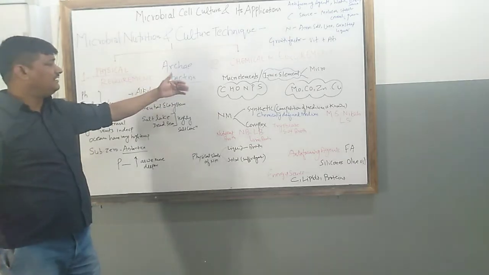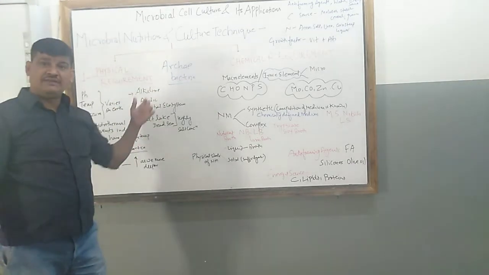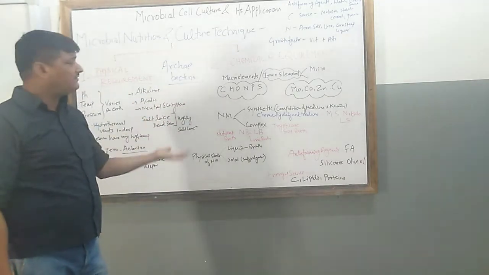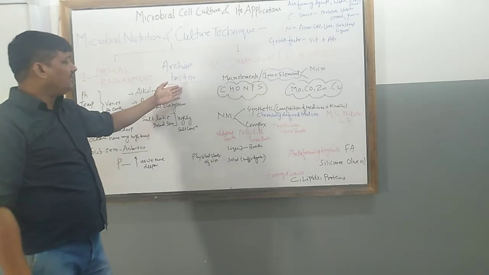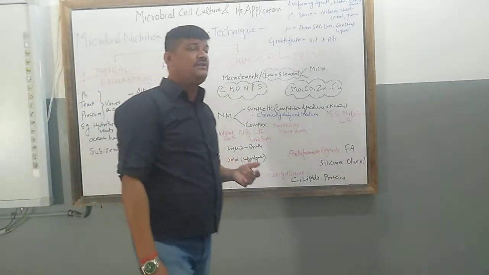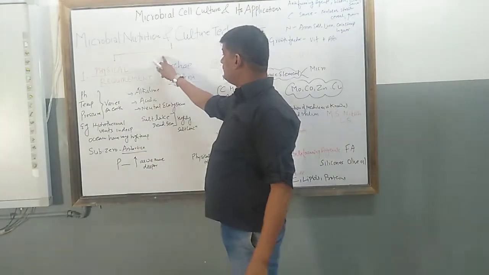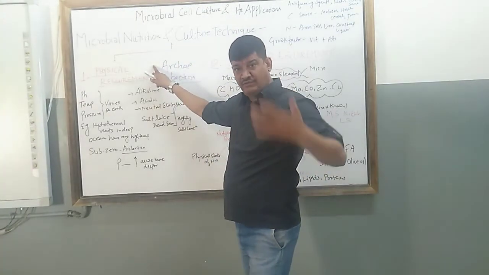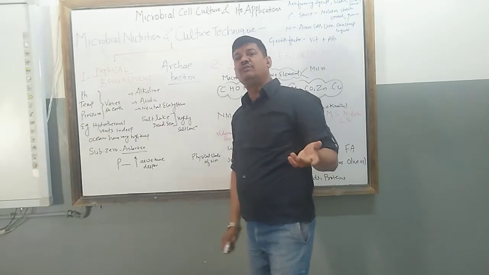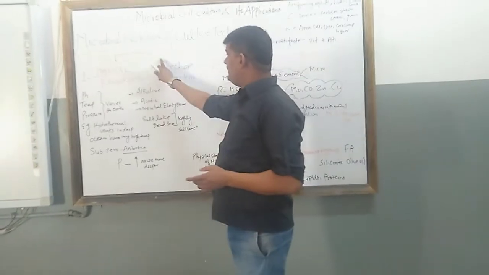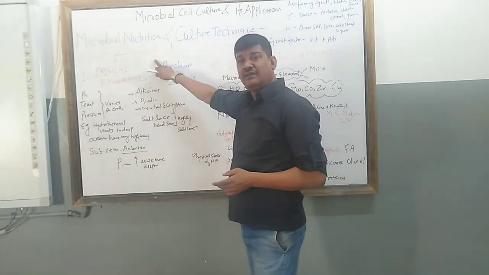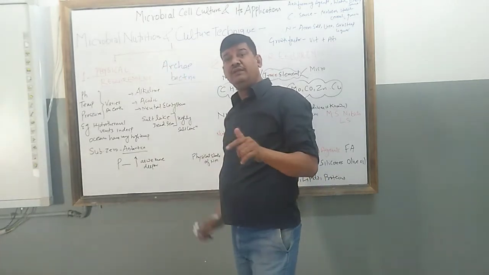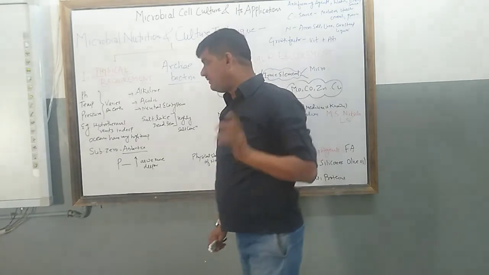So they are present in salt lakes, in acidophilic media where the nature is highly acidic. And the last one is the methanogenic bacteria or Methanococcus. These archaebacteria are also present in methanogens producing gas, normally called gobar gas production. This archaebacteria survives well because of their own unique properties present in their plasma membrane.